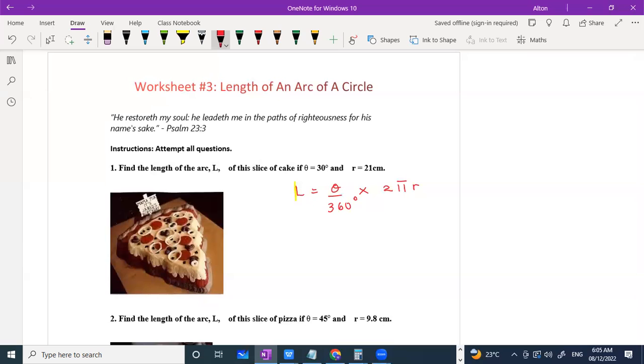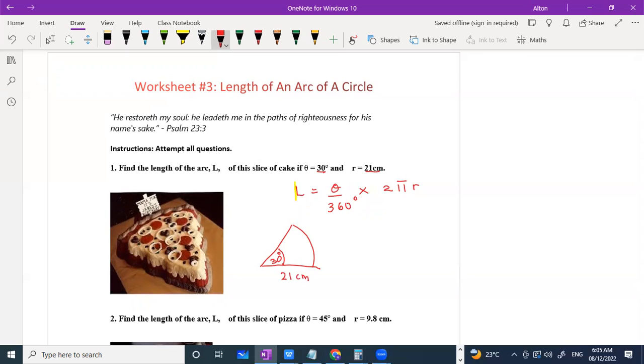Okay, so in this question, we are given r as 21, and the angle is 30 degrees. So if we are to make a quick sketch of that slice of cake, the angle here we know is 30 degrees, and the radius is 21 centimeters.